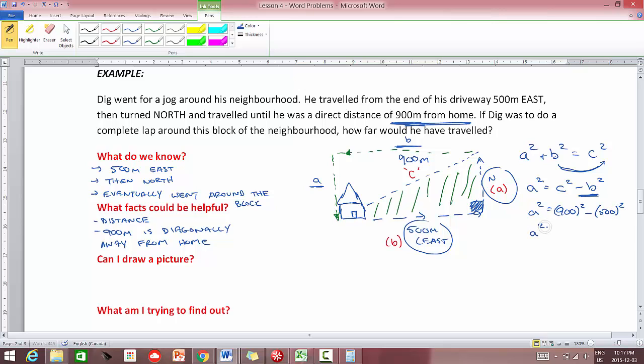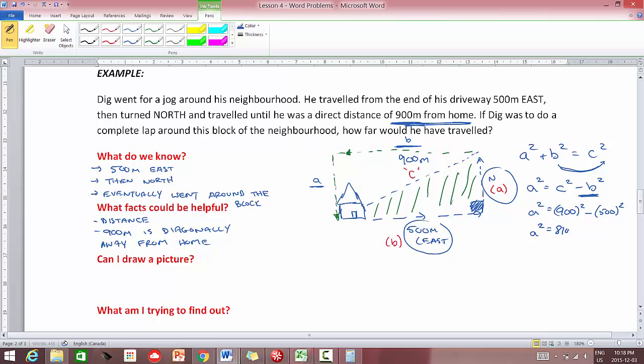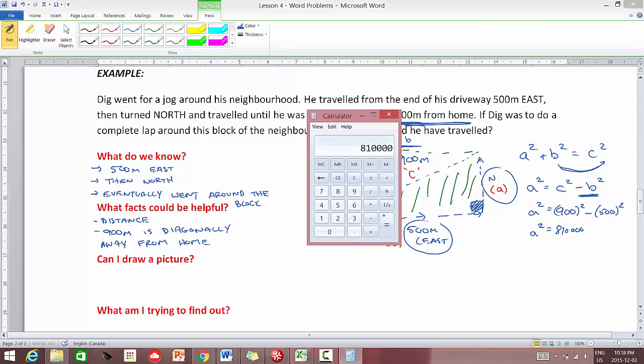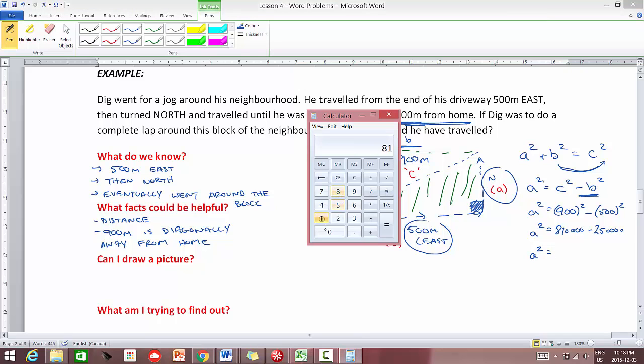A squared equals, we'll just use a calculator, they're going to get big zeros here. 900 times 900 gives us 810,000. And 500 times 500 is 250,000. So A squared equals 810,000 minus 250,000.